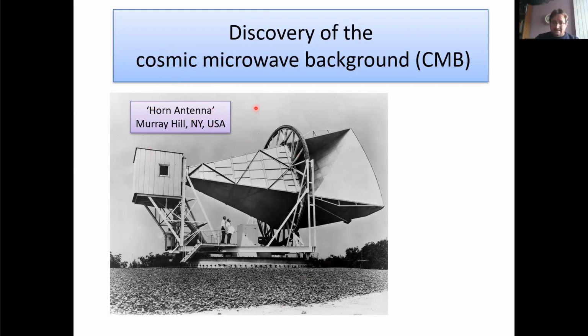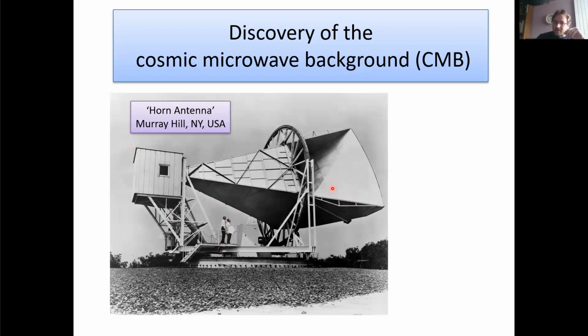So there were two guys, Penzias and Wilson by name, and they wanted to do this microwave astronomy. They built what is called a horn antenna. Here you see these two LEDs, one a bit taller, one a bit smaller. Take the average height of a human, and you get the size of this.